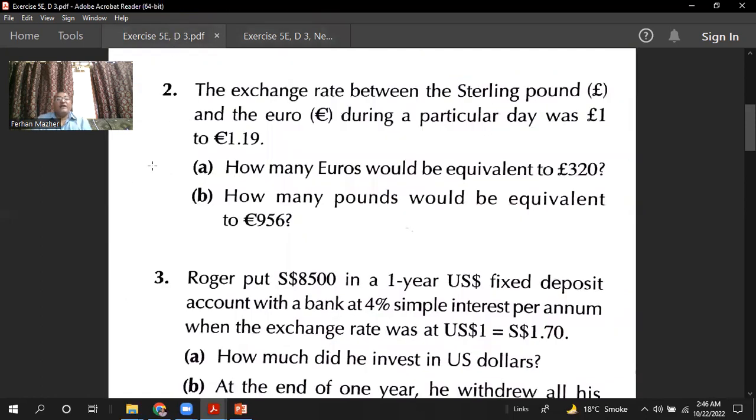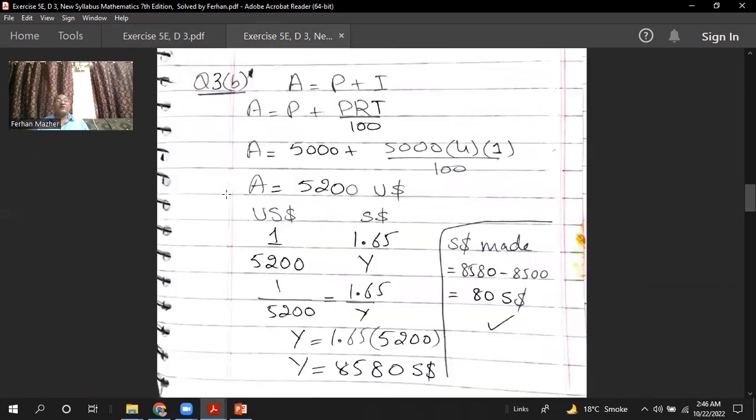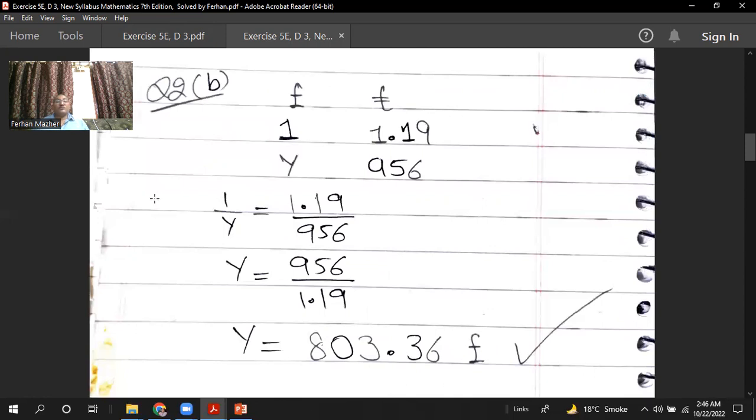Then he says, how many pounds would be equivalent to 956 euros? The exchange rate is still the same, and we have to convert 956 euros. Question number 2, B part is showing up on your screen. 1 pound is equal to 1.19 euro.